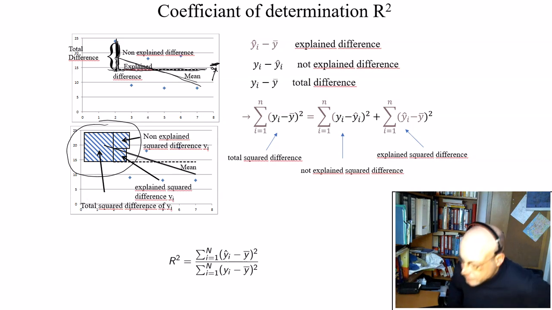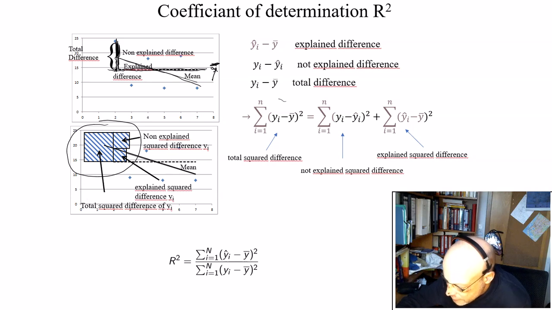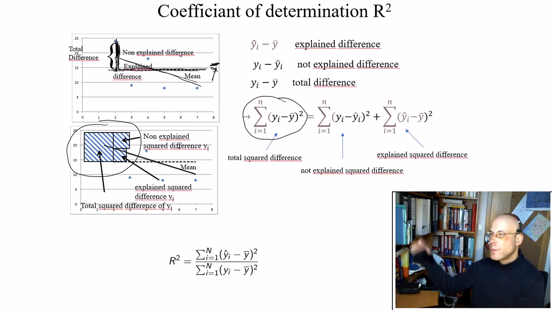And then we can mathematically show, and maybe you have done this in your statistics course, that the total fluctuation measured via the squared distance of our data points with respect to the mean just splits into two squared sums.